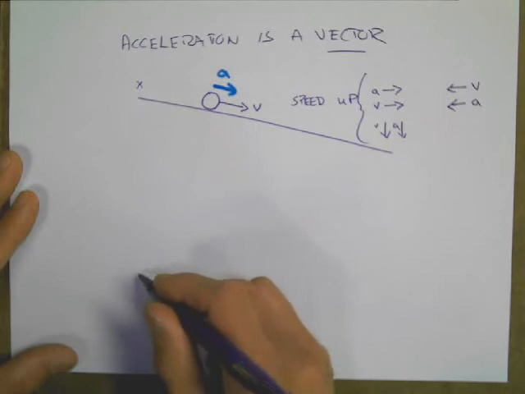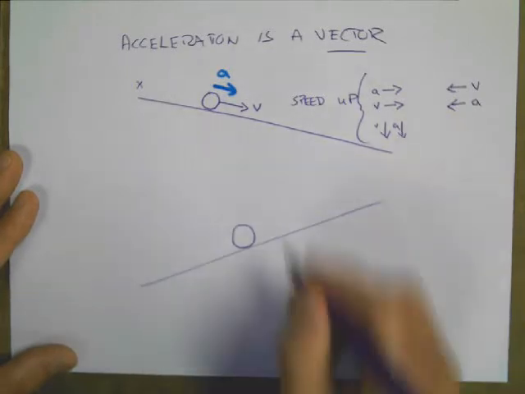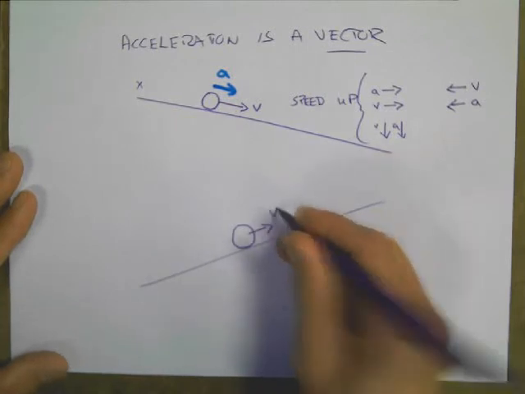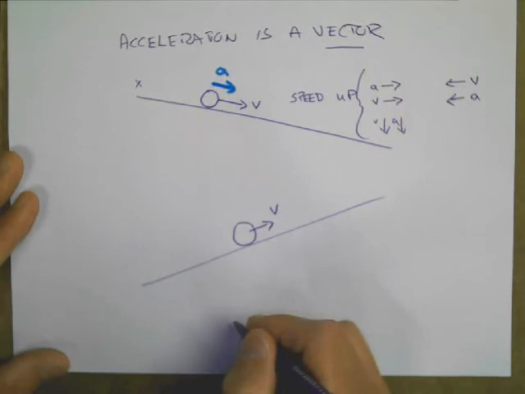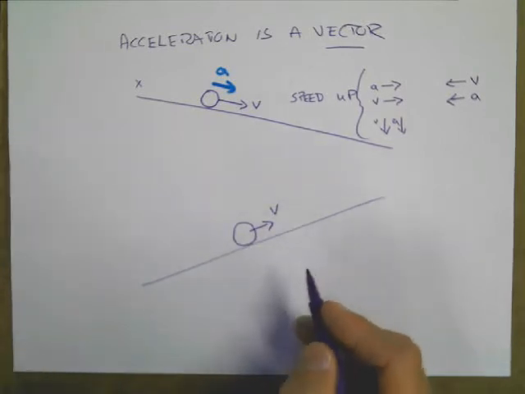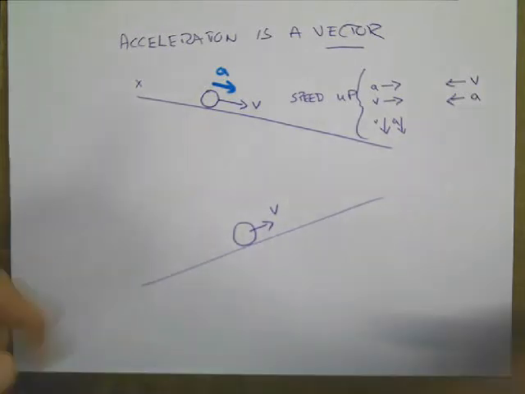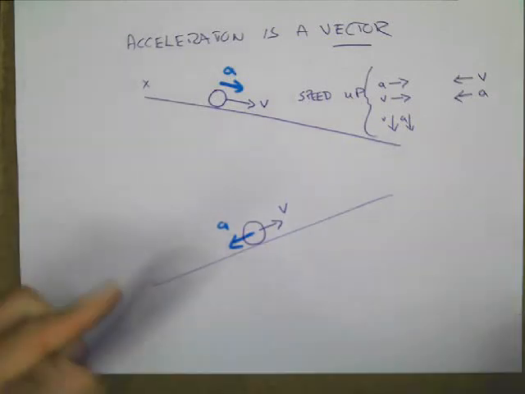Now, if you go the other way, let's say that the marble is rolling uphill, okay, but it's slowing down as it goes. Okay, so it's moving up, but you know that as things go uphill, they slow down. Well, in this particular case, the acceleration is heading the opposite way.